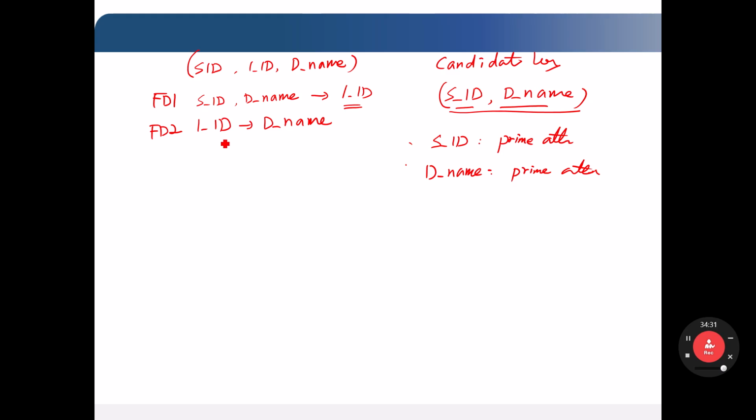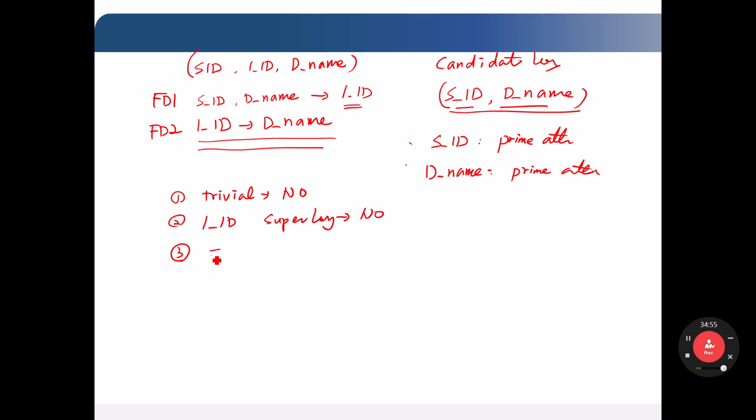So here, instructor ID determines the department name. This is not trivial. So the condition, trivial? No. Second, is instructor ID a super key? No. Then we should check the last condition.